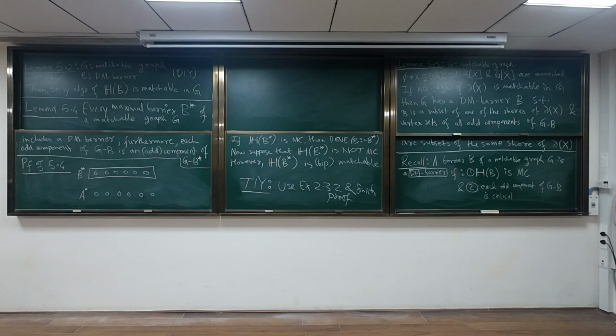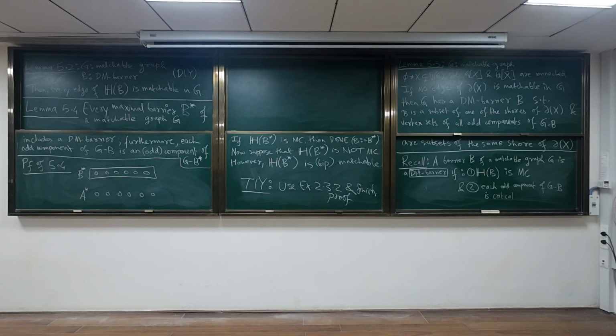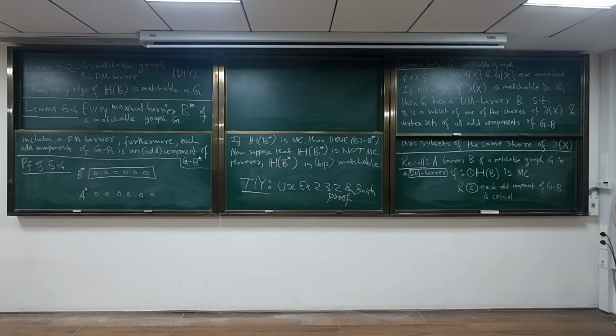Each odd component of G minus B is an odd component of G minus B star. That doesn't work. Second condition.